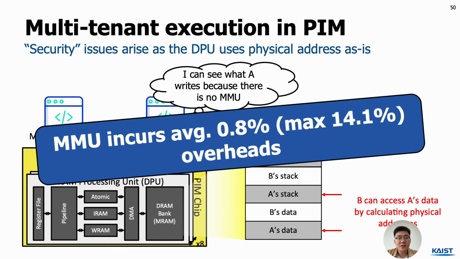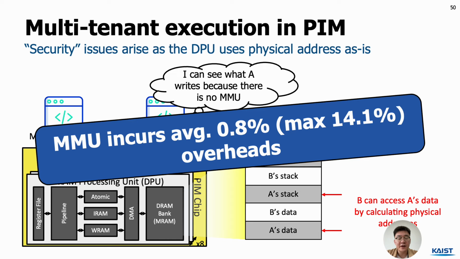We utilize such a mechanism to translate all DRAM accesses from virtual address to physical address and measure its performance regression. Overall, an MMU-added PIM experiences an average performance loss of 0.8% with a maximum of 15.1% by adding address translations to the DPU's memory accesses.